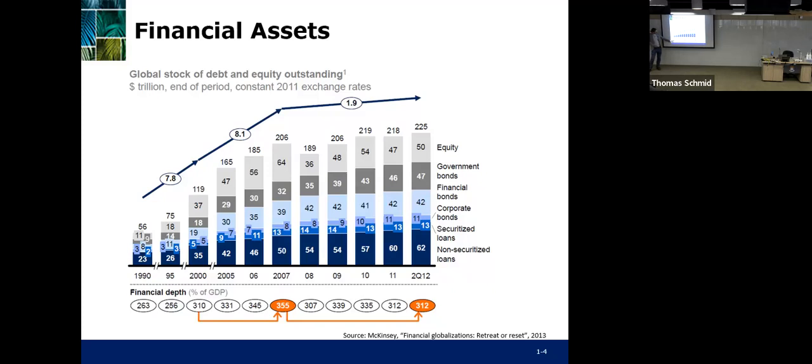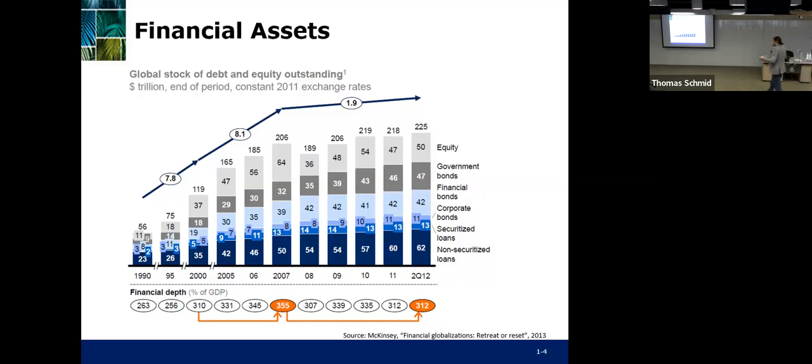This ratio was 263% in 1990, and it grew to 335% in 2010. So 263 to 335. That's what, 25% growth or something like that? Very different from what we find when we only look at financial assets. We're not talking about factor 4 anymore. We're talking about still a growth, but not an explosion.